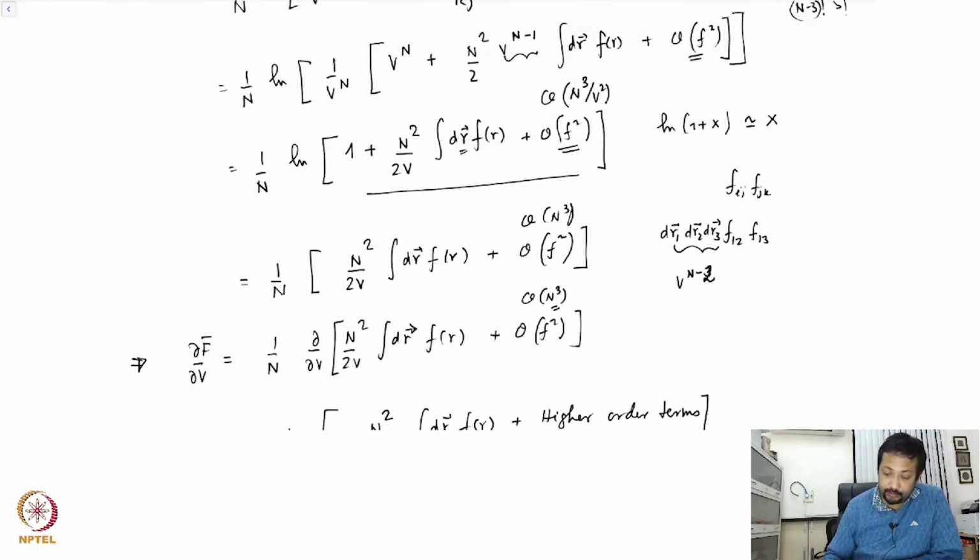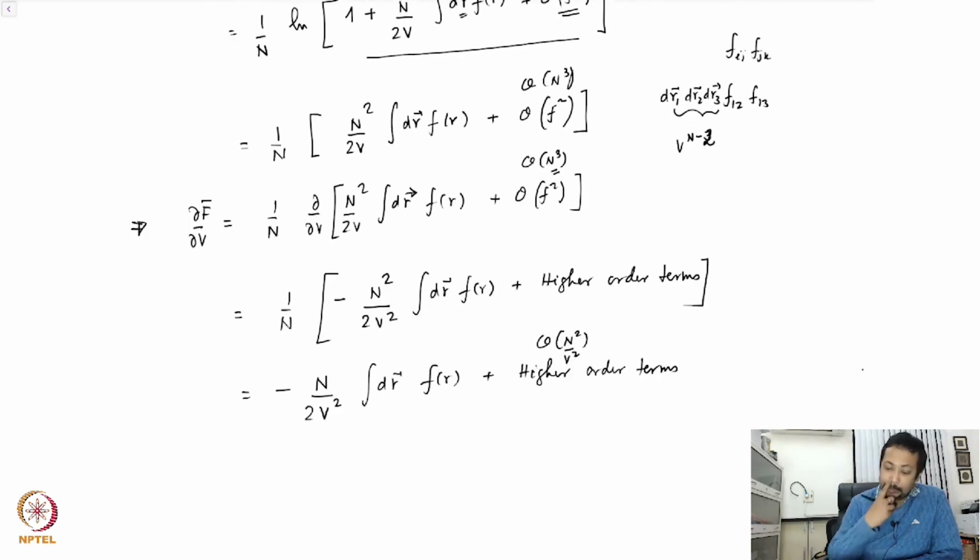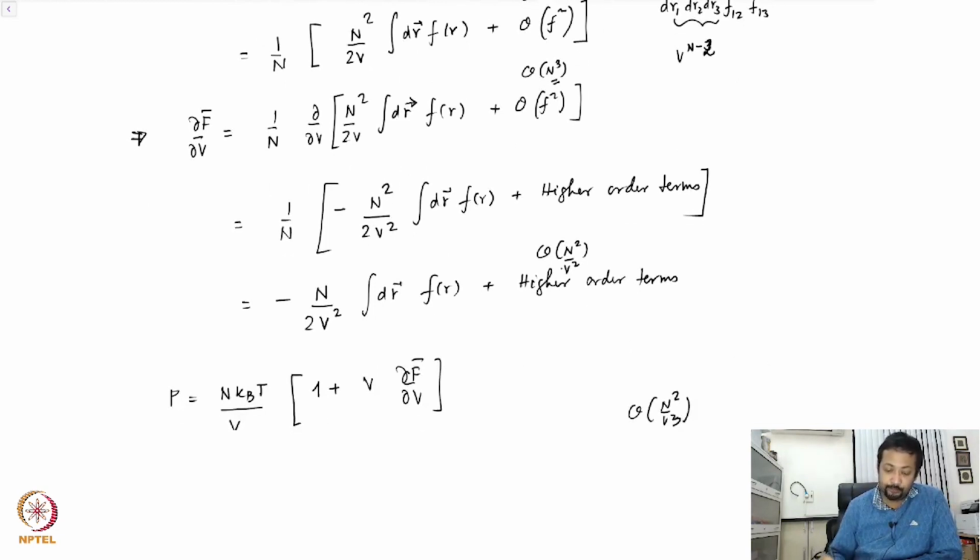So let's see, where did we make the mistake? Yeah, correct. So this is going to be N cube over V square, but then there is a derivative with respect to V, which is going to give you N square over V square, because you have not only divided by 1 over N, but also taken a derivative with respect to the volume.